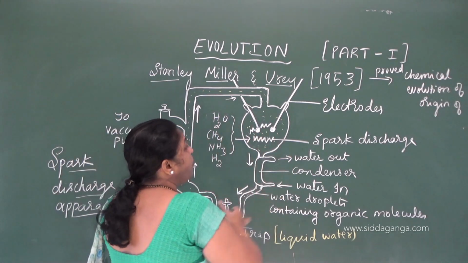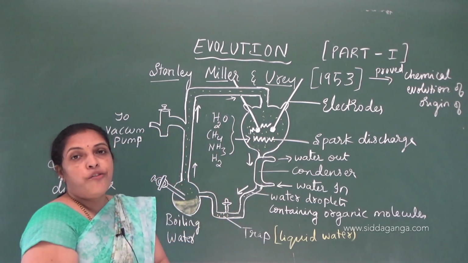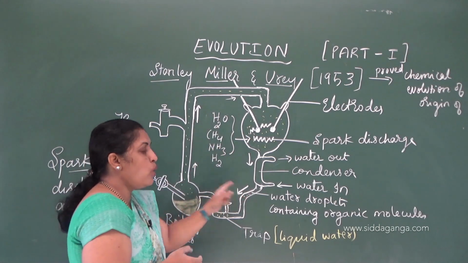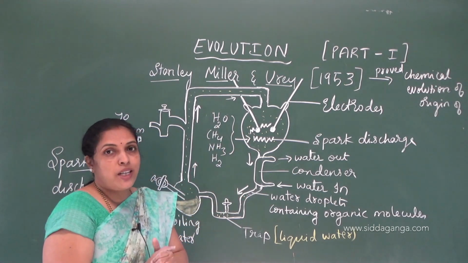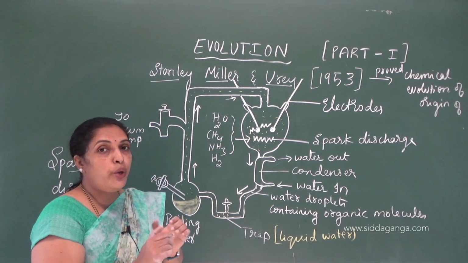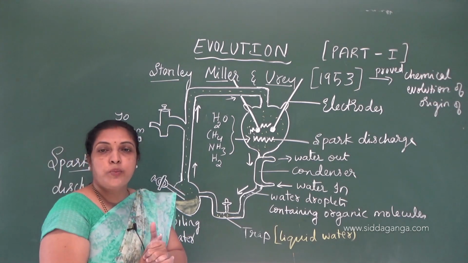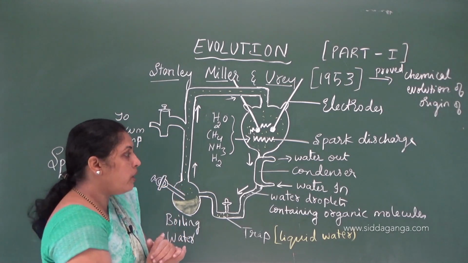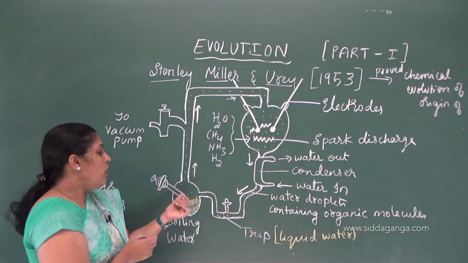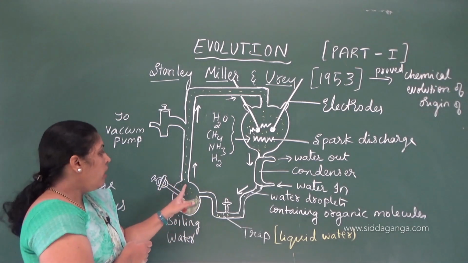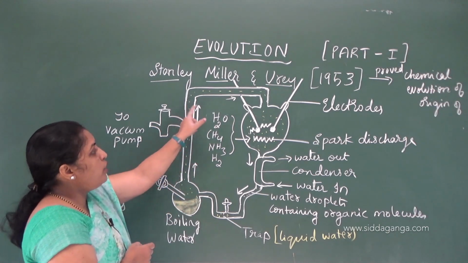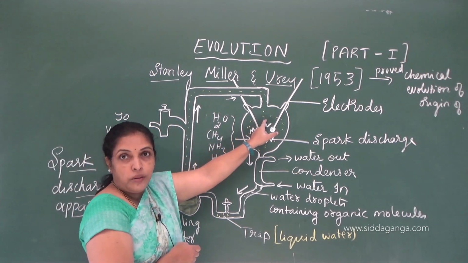They created the primitive condition of earth. In this closed experimental setup, they created the primitive atmosphere, or reducing atmosphere, which was present on the primitive earth. By boiling water, they introduced water vapor here.